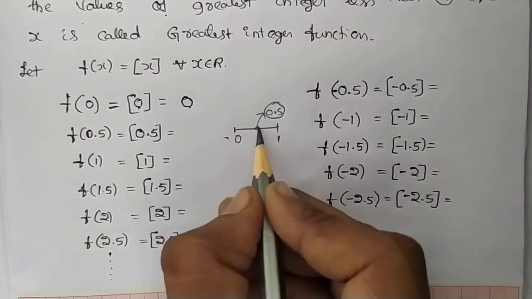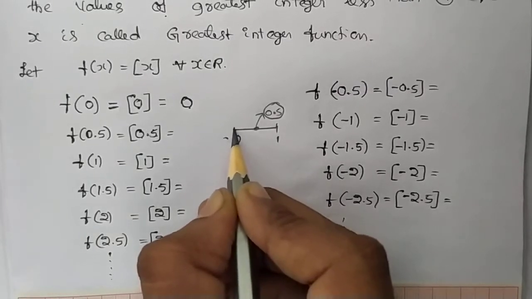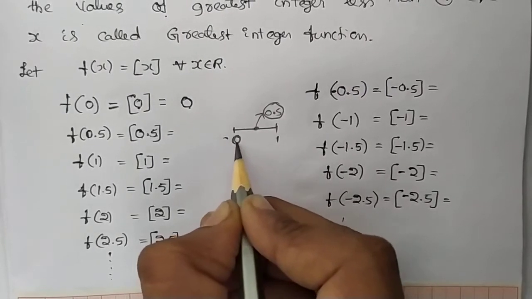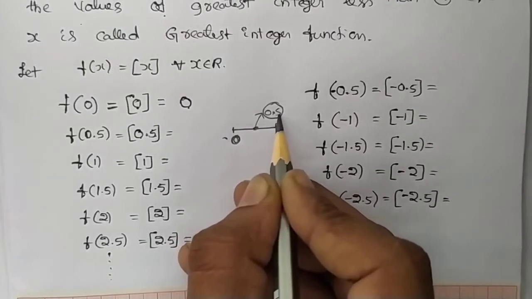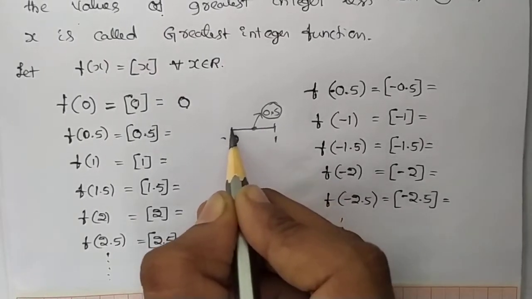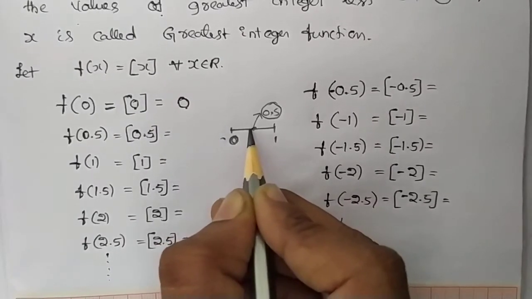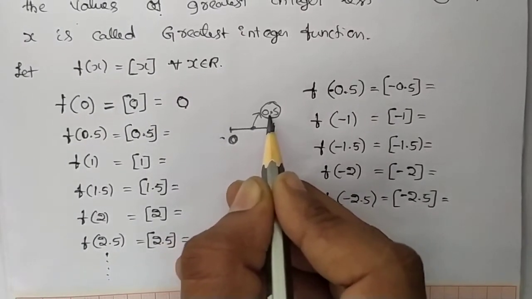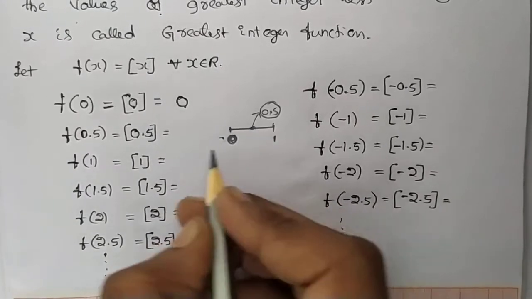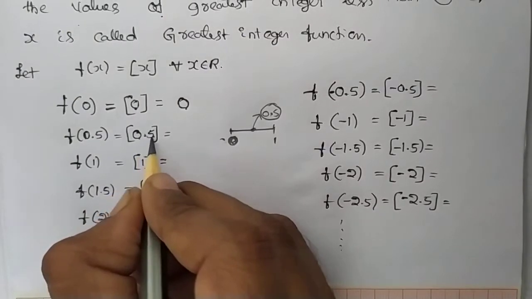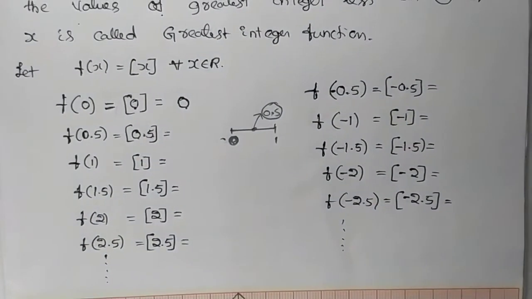You just move to the left. For the value of 0.5, the greatest integer will be 0. Therefore, the greatest integer for the value 0.5 will be 0 only.